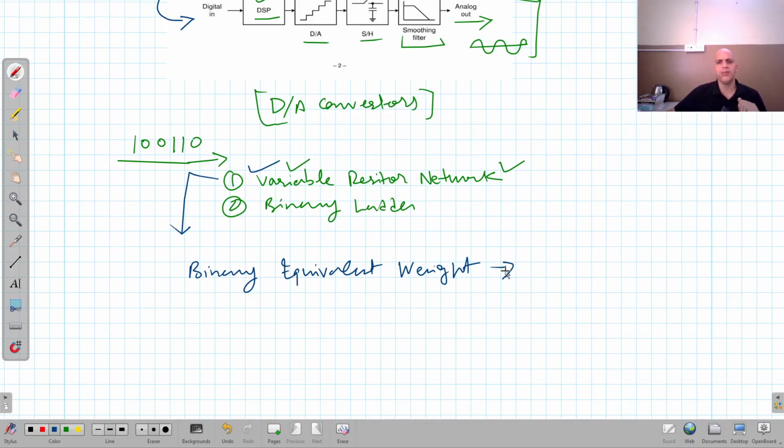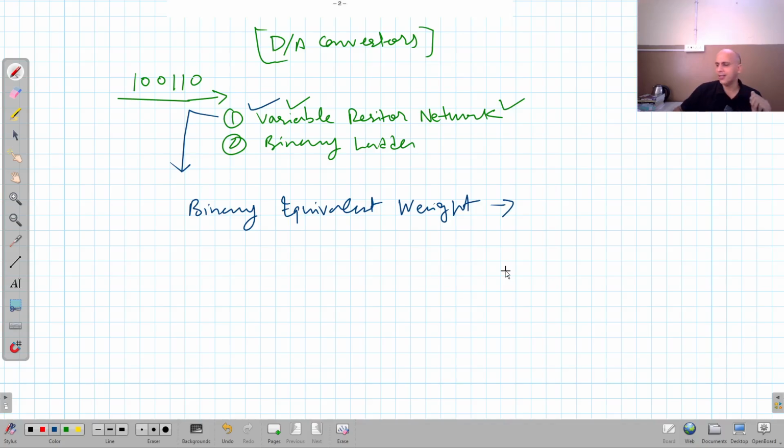For example, for easy understanding, let's consider that our digital signal contains 3 digits, and the signal is 0 1 0 or 1 1 1 like that. We know very well that if we have 3-bit positions, then the maximum possibilities, maximum levels, are 2 raised to power 3, that is 8 voltage levels.